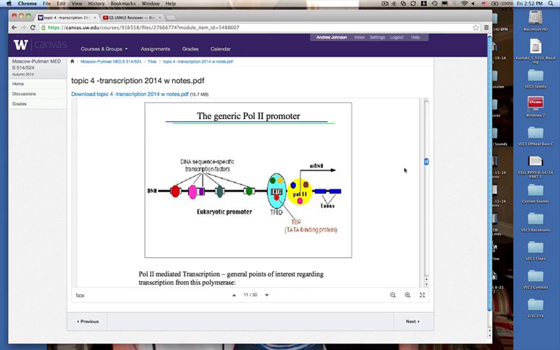Oftentimes enhancers are there, but they can also be 3' to the transcription start site. They can be downstream of the promoter sequence, or they can be inside the coding sequence itself. Exons and introns, we'll talk much more about that in a little bit.